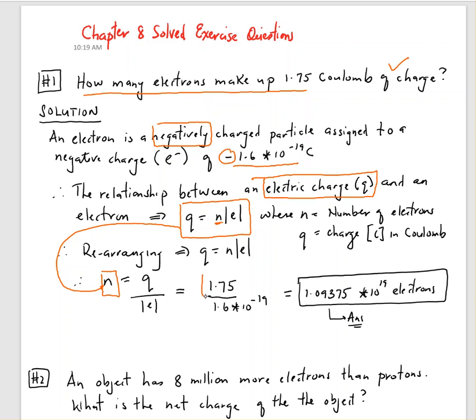We know that the charge is 1.75 coulombs, and the electron charge is 1.6 times 10 to the negative 19 coulombs. Of course, the coulombs will cancel out, and you'll be left with this value right here.